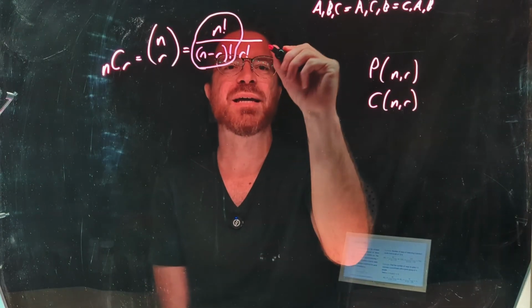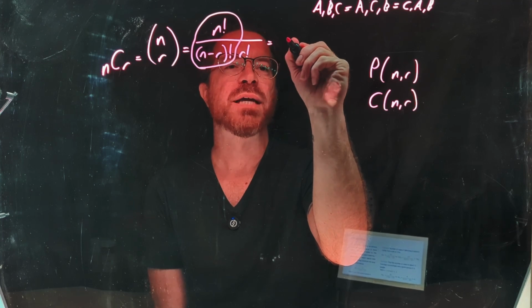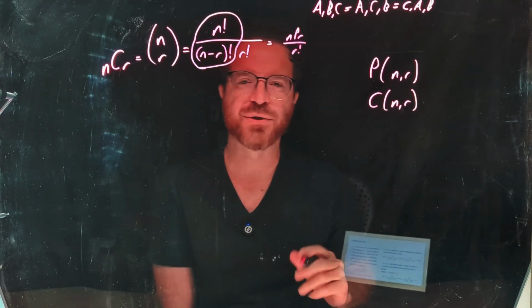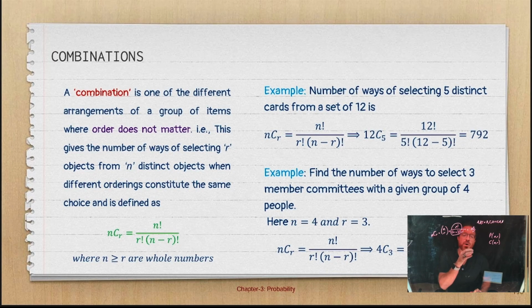This is the same thing as saying we are taking the permutation and dividing it by r factorial. And it is just that. A permutation taking some subset r from a total sample set of n things where order matters, we take all those and we just divide out all the repeats.